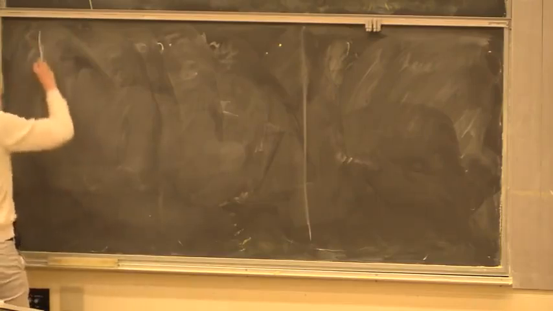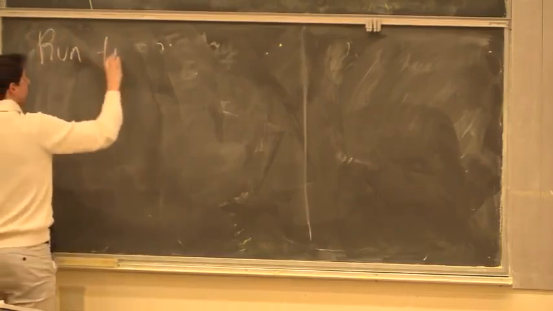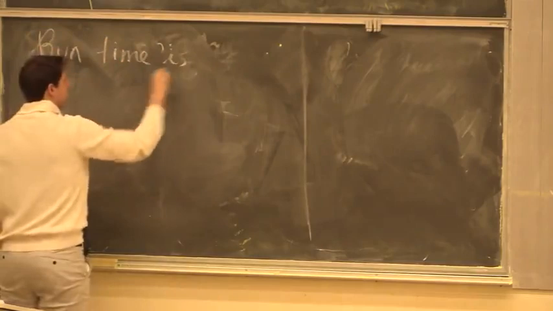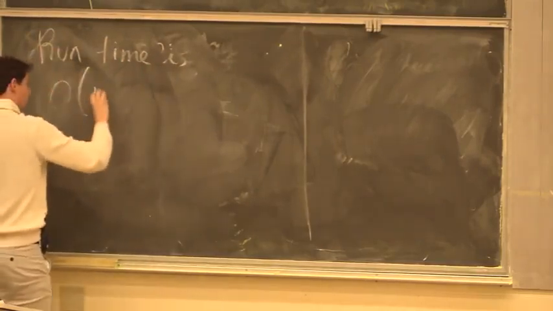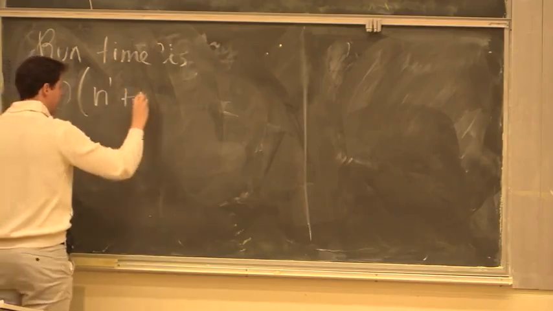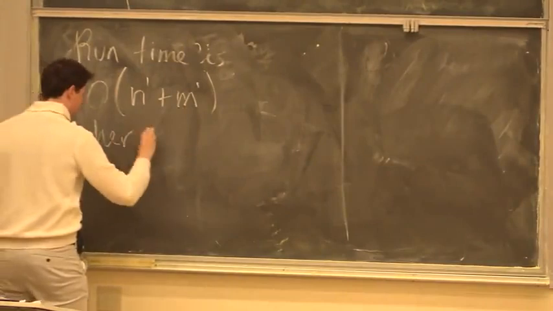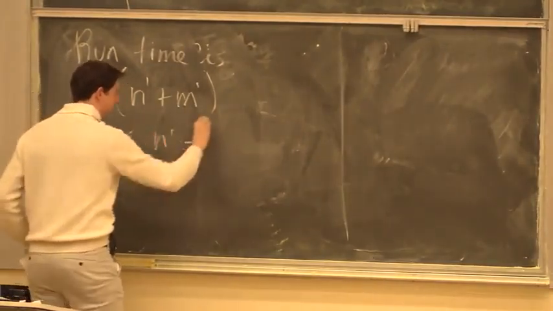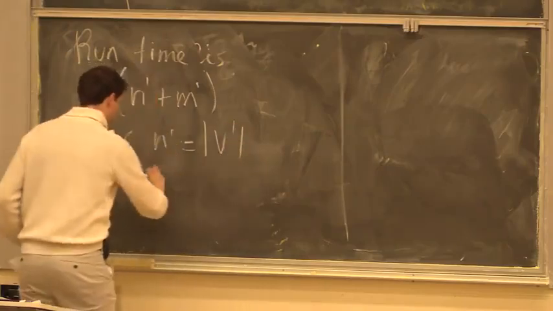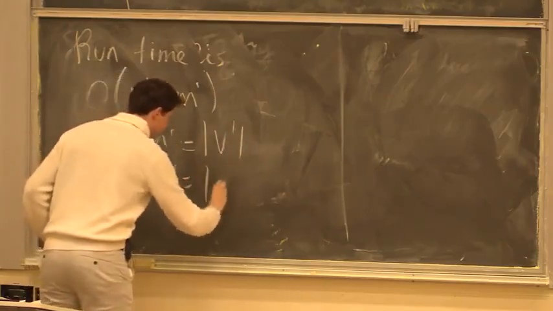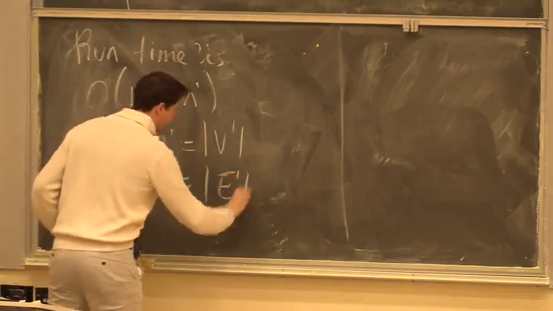So the runtime is, of course, order of n prime plus m prime, where n prime is the number of vertices in the new graph, and m prime is the number of edges in the new graph, right?